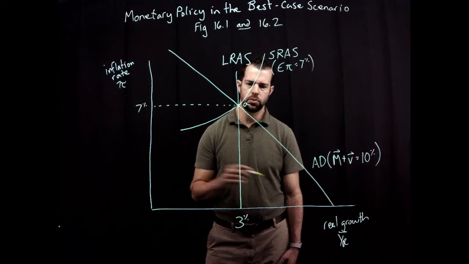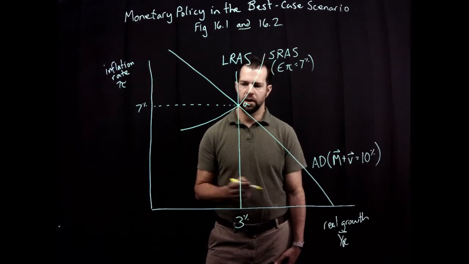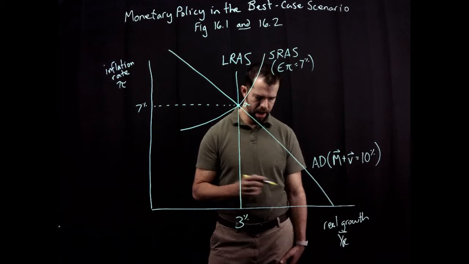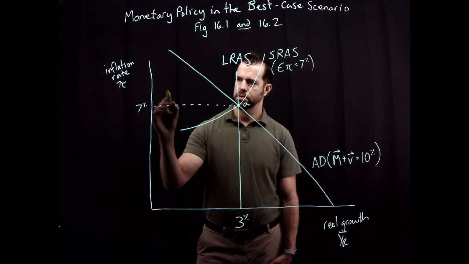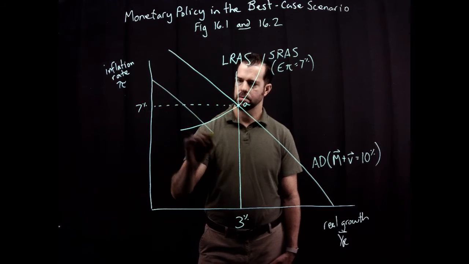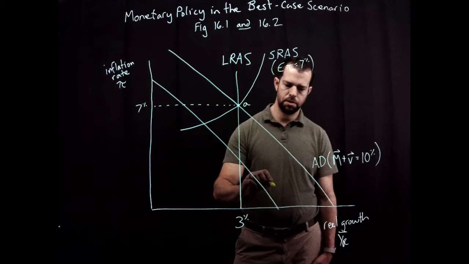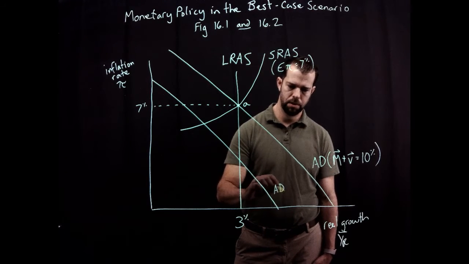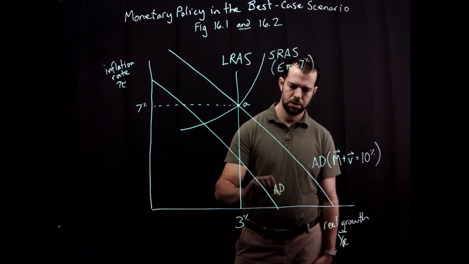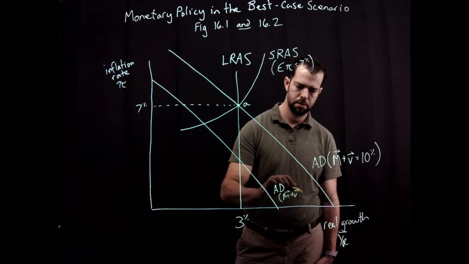All right, so now let's throw in the negative aggregate demand shock here. And so what we're going to have is a shock like so. And this new aggregate demand curve is associated with a spending growth rate of 5%.